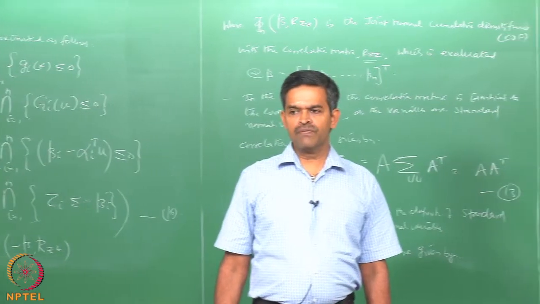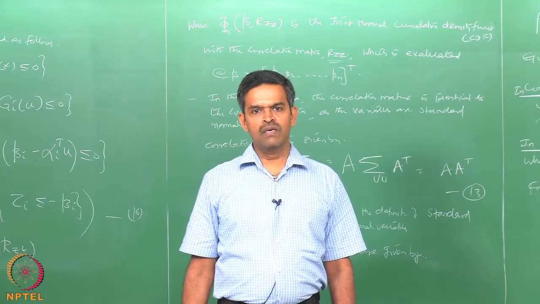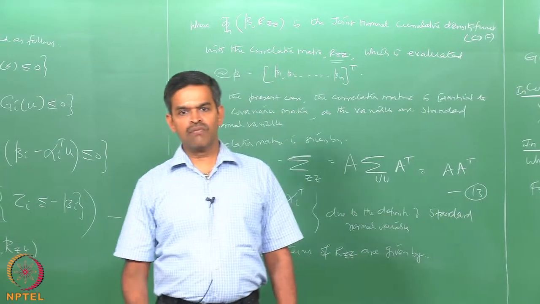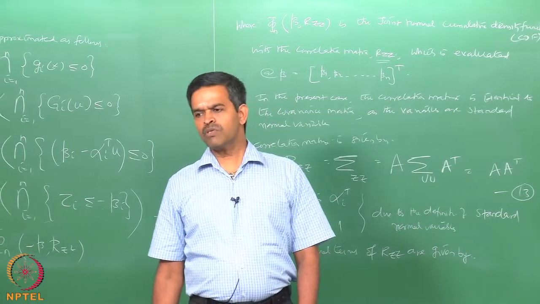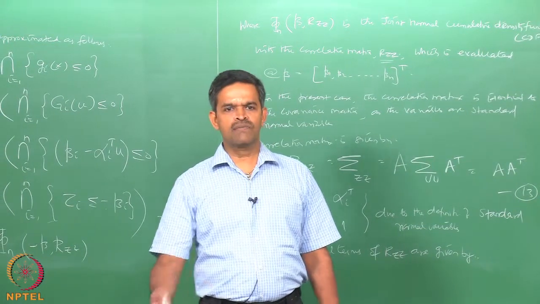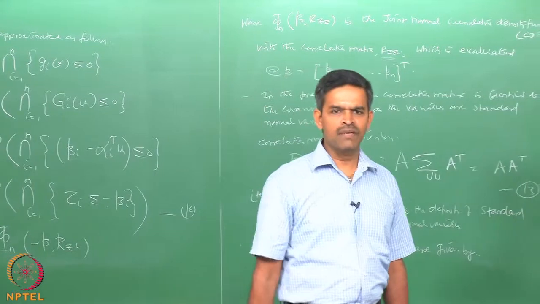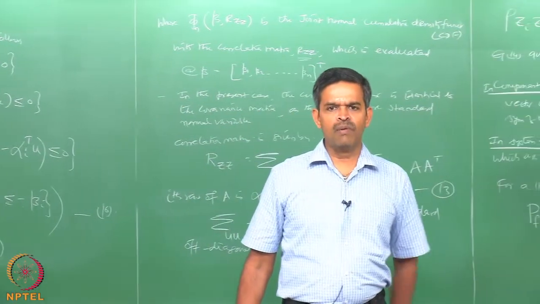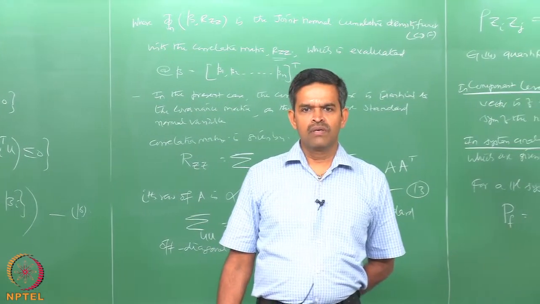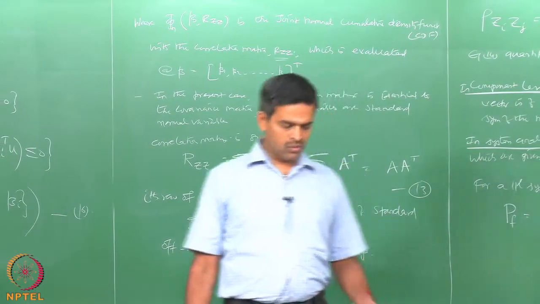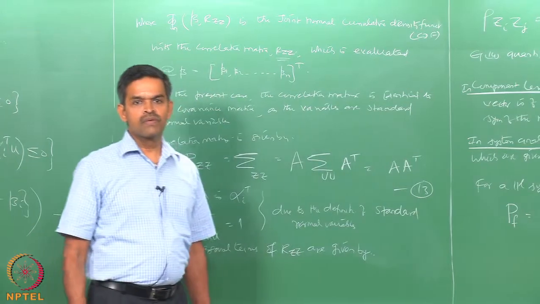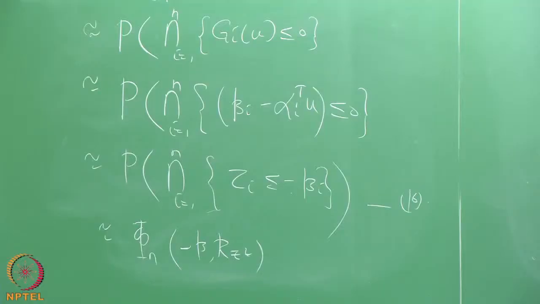First order approximation for general system reliability is based on the cut set formulation, which is now discussed. A similar approach can also be developed using a path set formulation, which I leave to you for self study. In order to estimate the probability of failure of a system using the cut set formulation, one needs to evaluate the probability of failure of each system. So, let us talk about that.